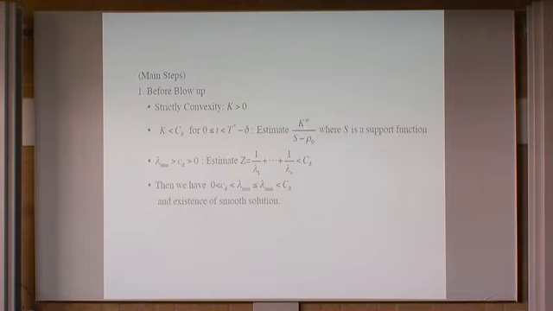The other part is the C11 estimate. If you can show the mean curvature is bounded, then every principal curvature will be bounded above. But the problem is that the mean curvature does not satisfy a good equation to which we can apply the maximum principle.